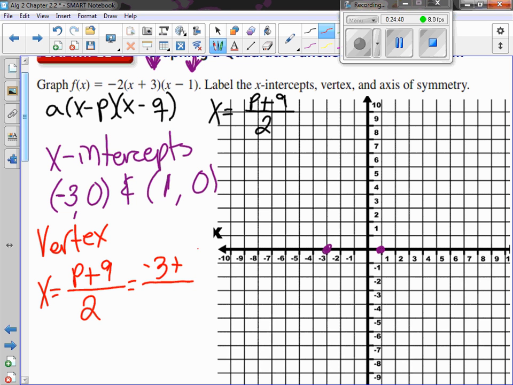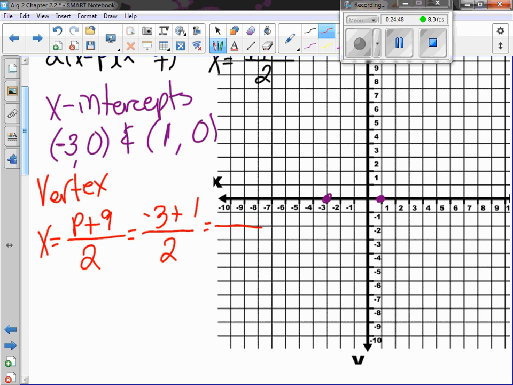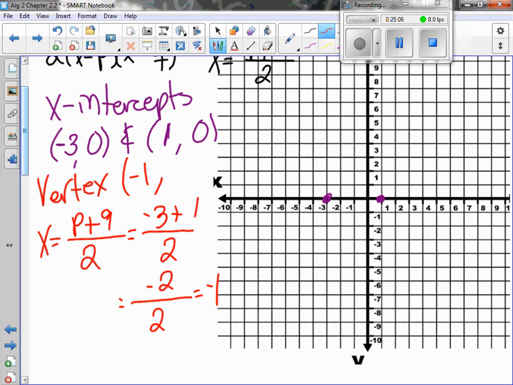Value of q is, I'll write it down below. Because negative 3 plus 1 is negative 2 over 2, which is going to be in the middle. We add those two x-intercept points, the p and q values, together and divide by 2.